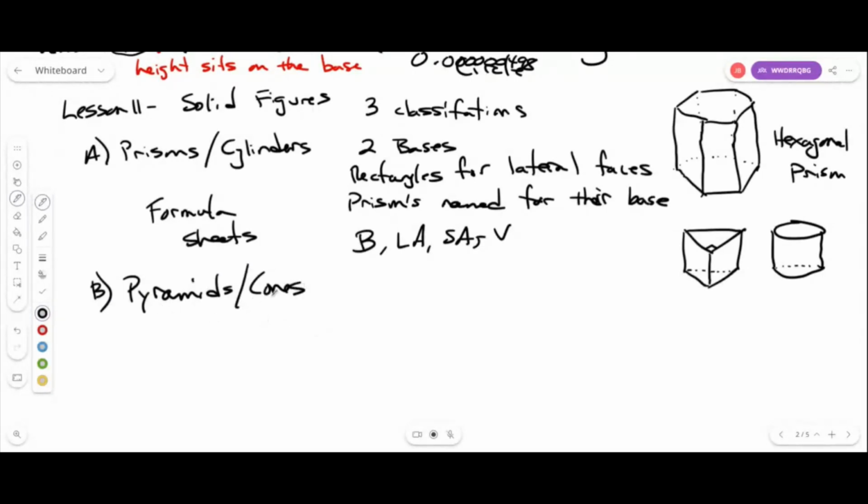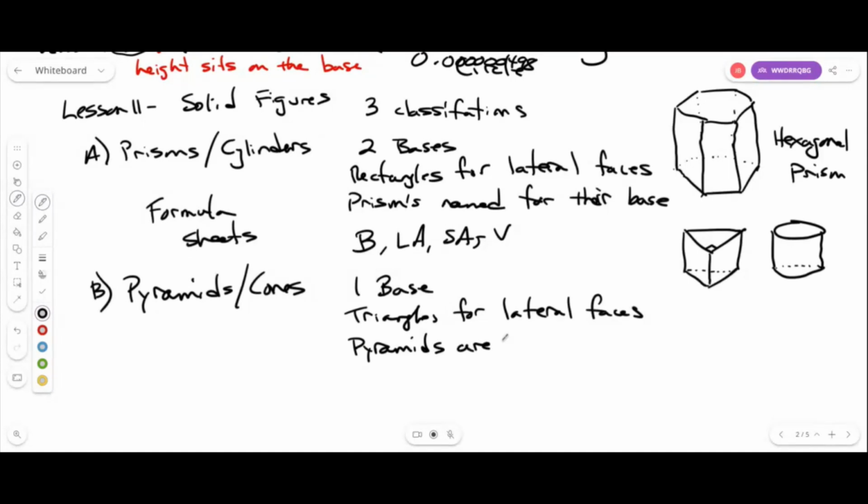The second classification being pyramids, cones. They have 1 base, and triangles for lateral faces, except for the cone. The cone has a lateral surface, and pyramids are named for the base.